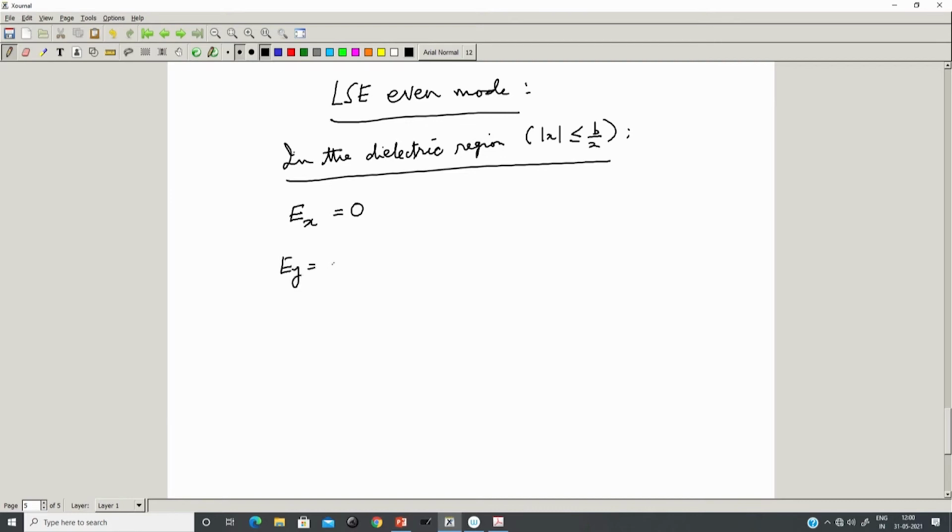E y as j k z e prime b d e cos q m e prime x cos n pi y by a e to the power minus j k z e prime z.